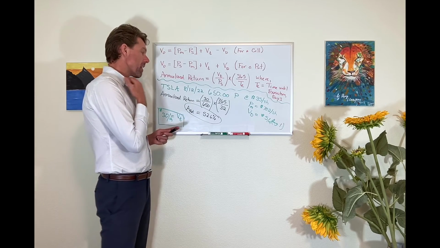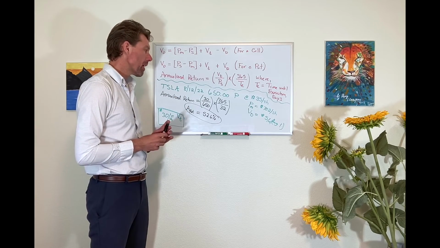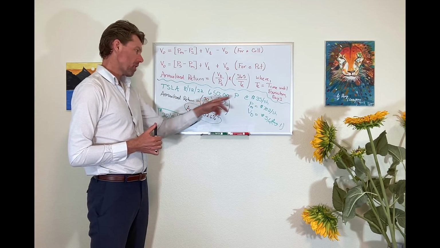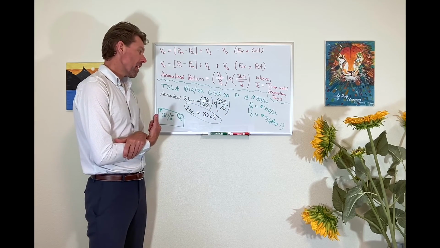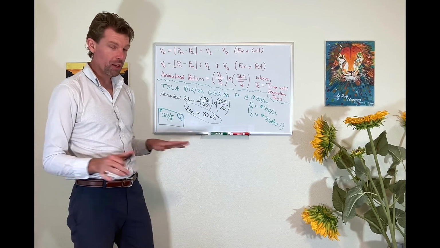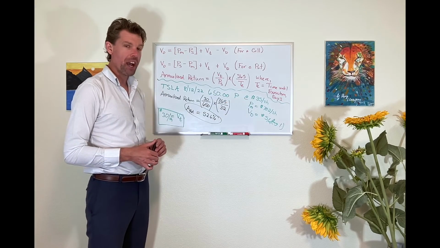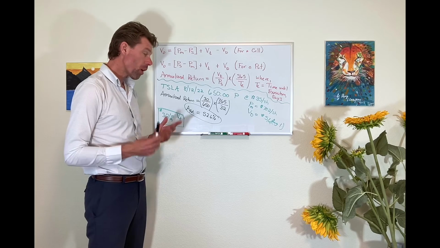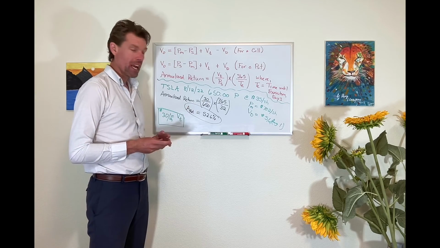And on the day of expiration, August 12th, 2022, if the market price closes above $650, then this contract will expire worthless. The guy who sold the contract will walk away with $35 a share, or $3,500, and he's probably pretty happy at that point.